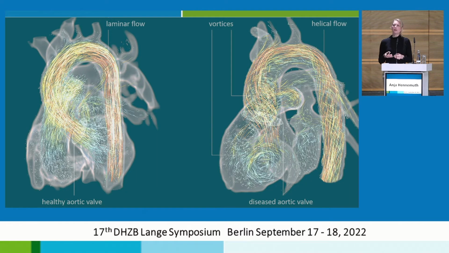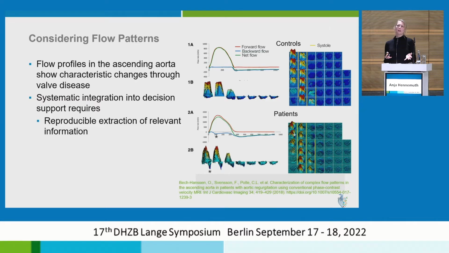So the next thing to consider, because I mean, typically what one wants to achieve here is optimize the flow. So one important question here is, couldn't we better support decision-making by considering also flow profiles, first in the assessment of aortic regurgitation and stenosis, and second in the assessment of the outcome of an intervention.